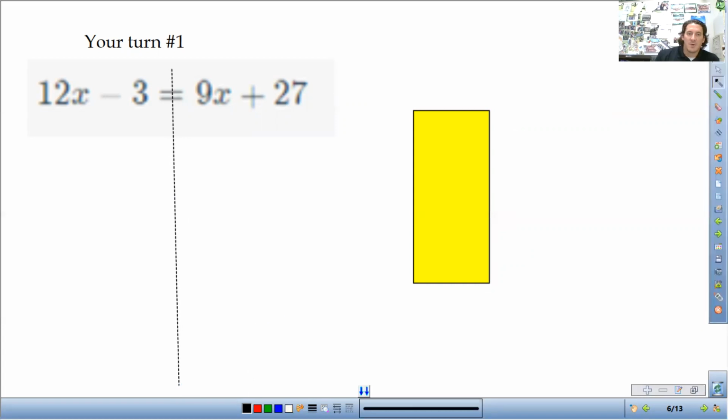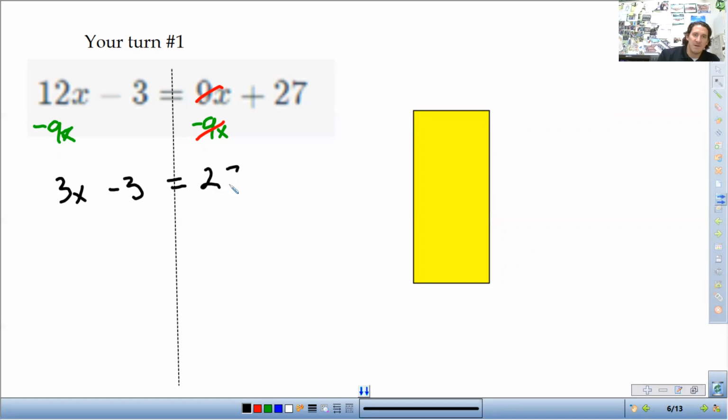So first thing I'm going to do is get the x's on the same side by eliminating one of the x's. The 9 is smaller than the 12, so I'm going to subtract 9x from both sides. So 9x minus 9x, that eliminates. 12x minus 9x is 3x minus 3 is equal to 27.